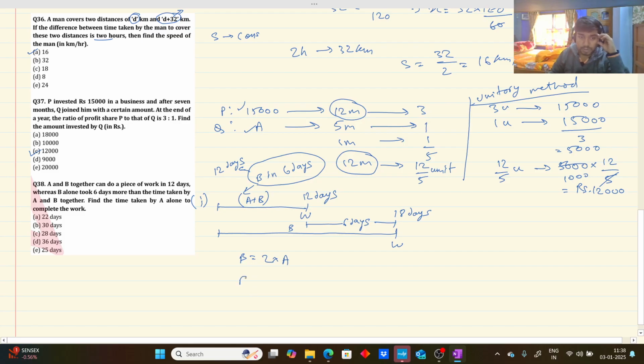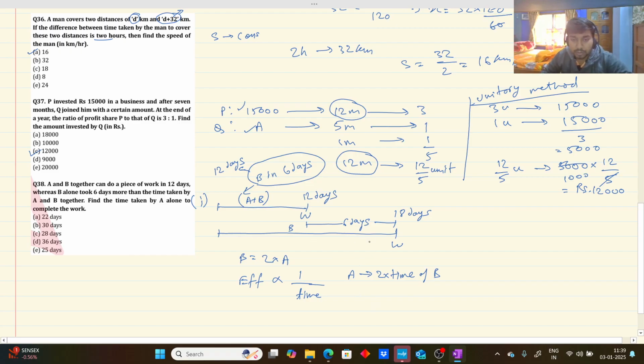And we know that efficiency is inversely proportional to time taken to complete a work. If B is twice as efficient as A, that means A would have taken twice as much time as B to complete the same work.